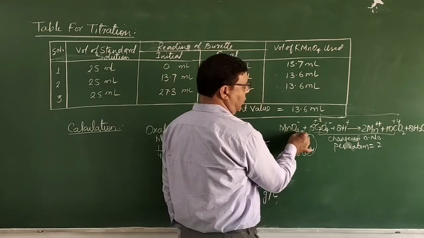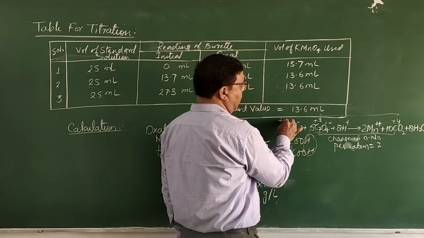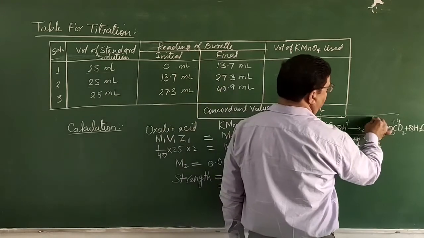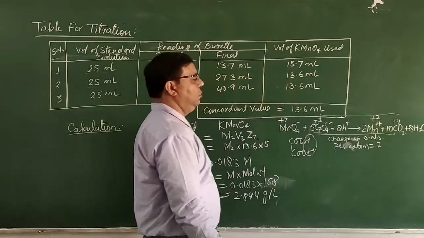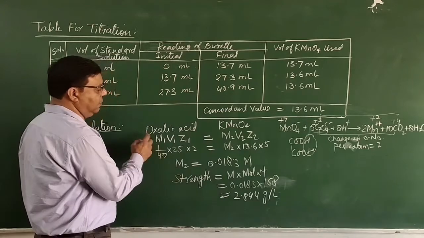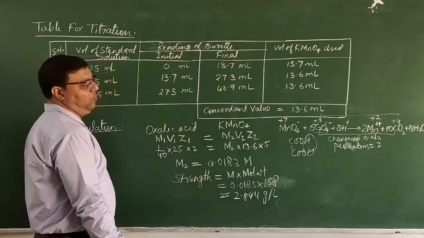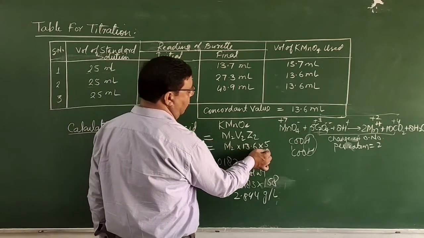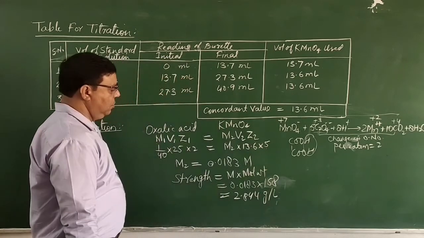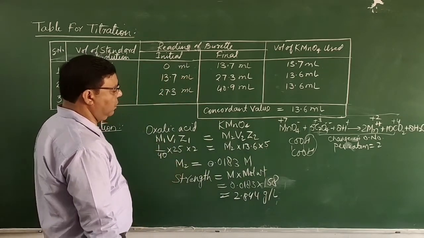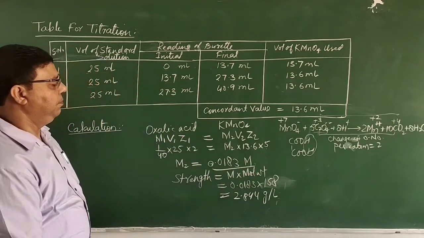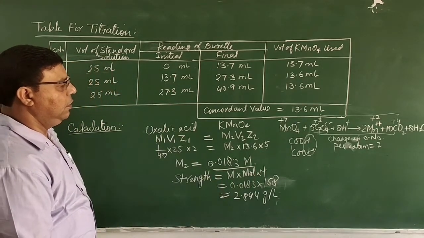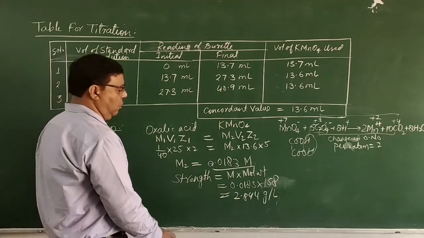And in case of potassium permanganate, Mn is +7 and in case of Mn2+ it is +2. The change in oxidation number is 5. So that is why for oxalic acid the Z factor is 2, and for KMnO4 the Z factor is 5. So putting the values, we can get our molarity 0.013 M, and after that we can calculate the strength.